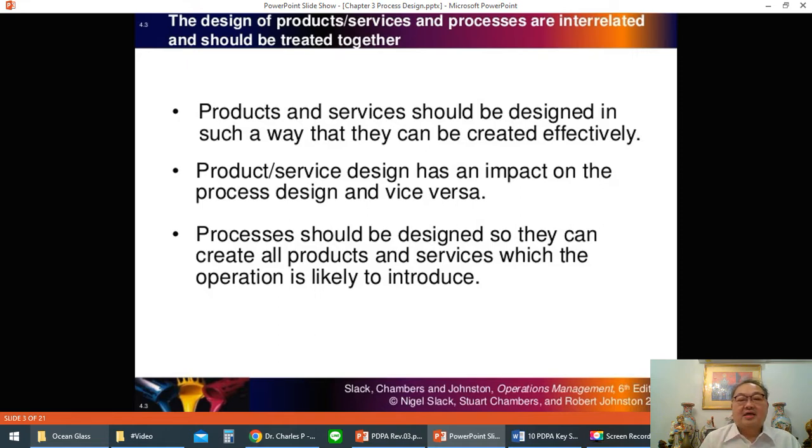So you have to design it effectively. Okay. So product and service design has an impact on the process design, and also vice versa. Processes should be designed so they can create all the products and services which the operation is likely to introduce.